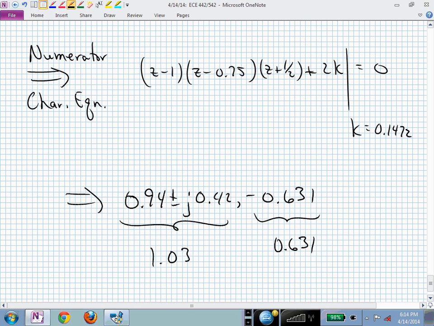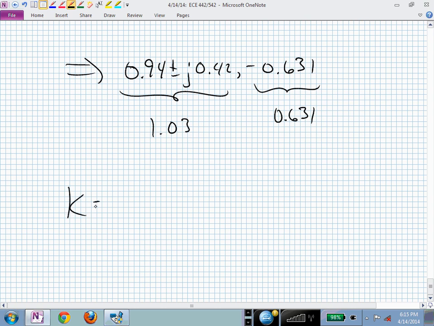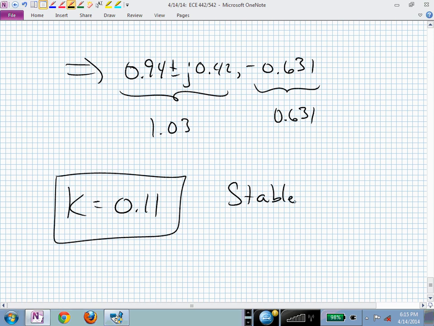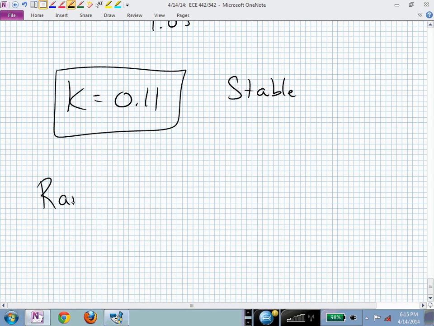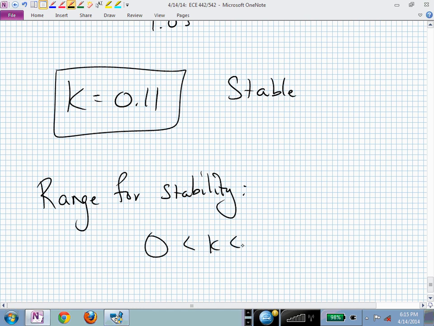If we back off on the gain, and here you could just guess a little bit, but if you found, instead of 0.147, 0.11, this is a good value. It makes it just barely stable. So your range for stability on k is now between 0 and 0.11.